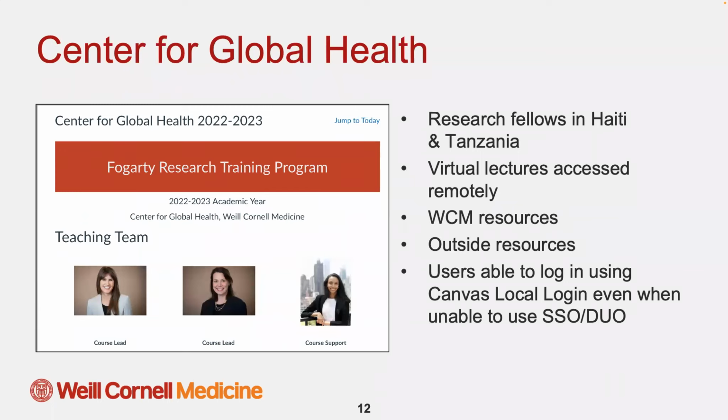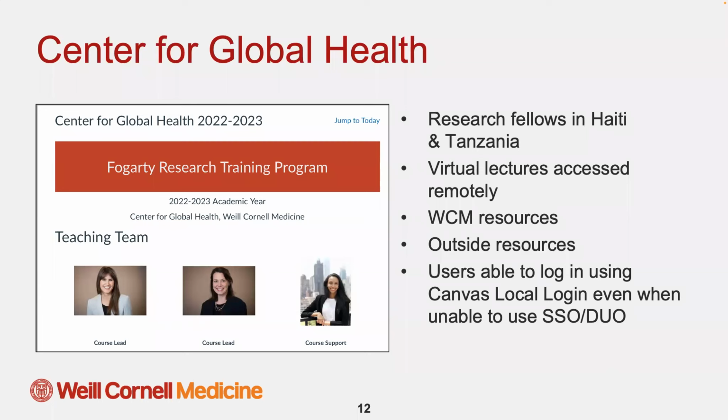Another example of one of these external courses is the Center for Global Health. Some of these research fellows in Haiti and Tanzania need to use an organized LMS to do their training. They run into a lot of issues with things like, I can't use Duo, and I can't use some of these higher tech internet-based systems that we usually require.